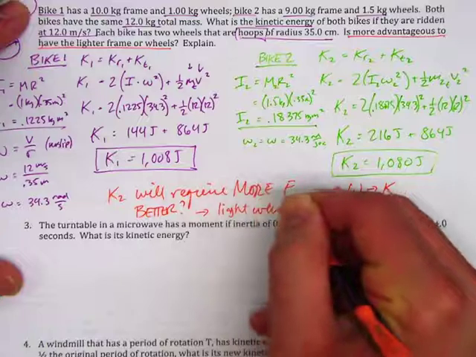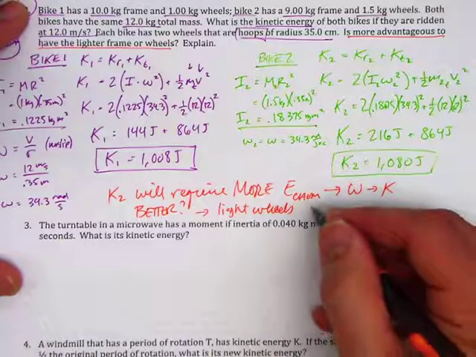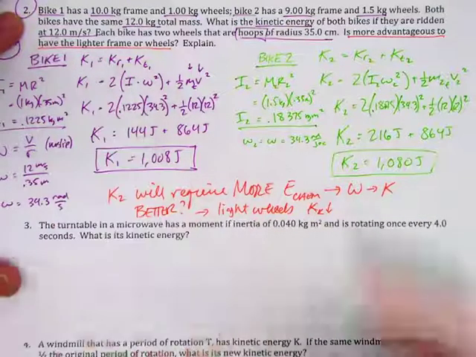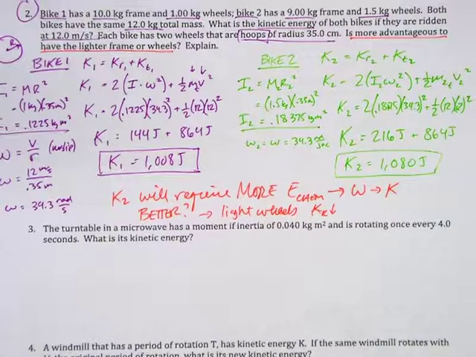So if you have lighter wheels, then less rotational kinetic energy is required for obtaining the same speed. Therefore, you're going to use less energy. And that's a good example problem for combining both translational and rotational kinetic energy.